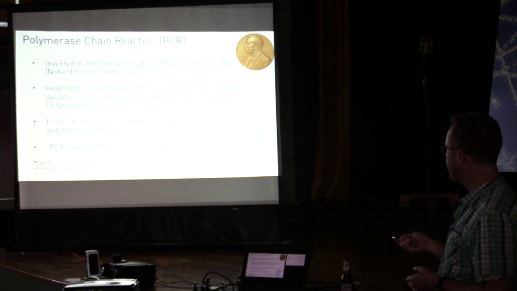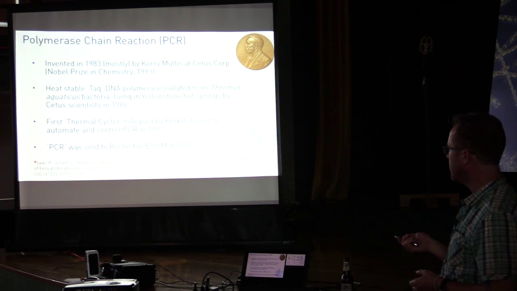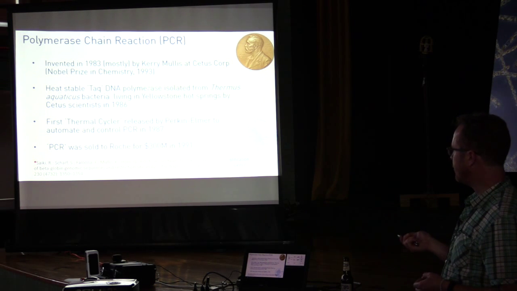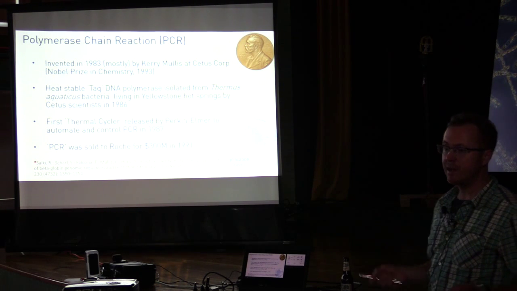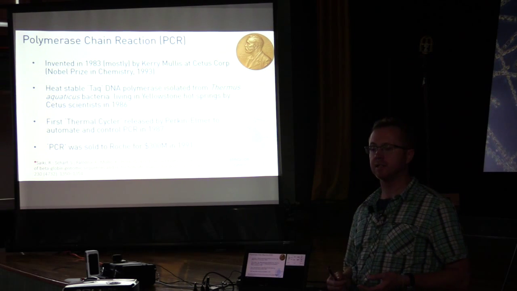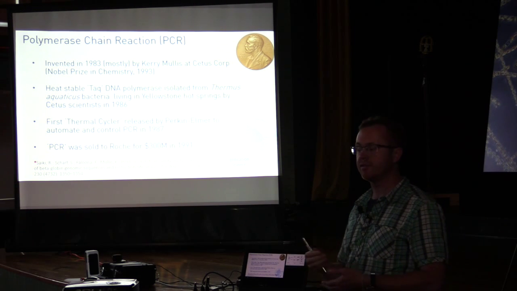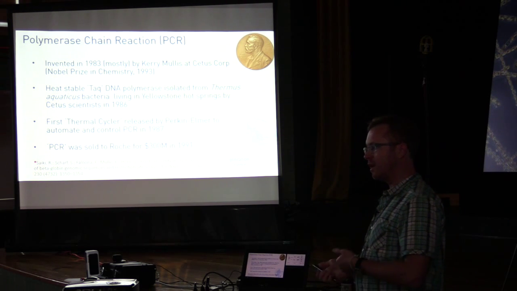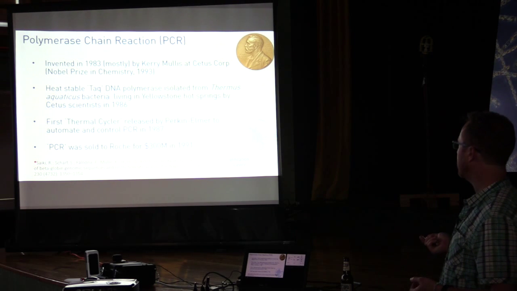Well, one of the big breakthroughs was when Kary and folks at Cetus isolated a DNA polymerase from the thermal hot springs in Yellowstone. It's called Taq DNA polymerase, and it's heat stable. So it can take being heated to 95 degrees Celsius 40 or 50 times and still maintain its function. Because of course it comes from an organism that's practically living in boiling water.